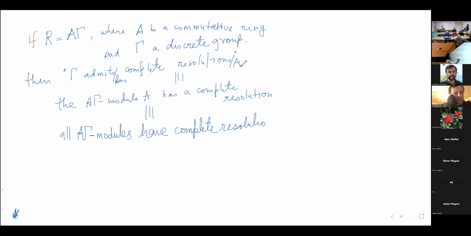You can say this if we make the assumption that A has finite global dimension. This equivalence holds under this assumption.